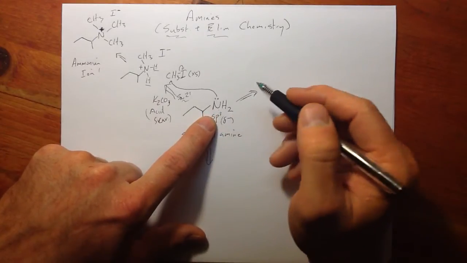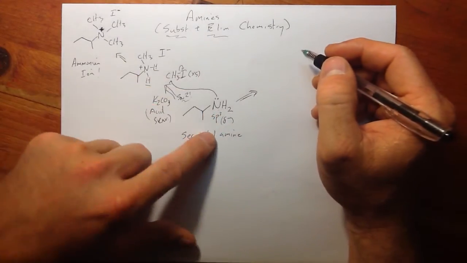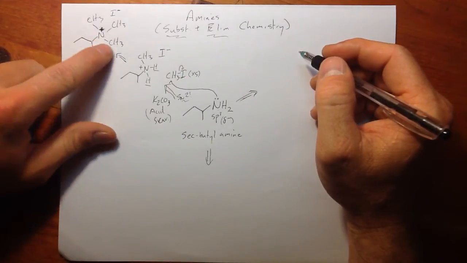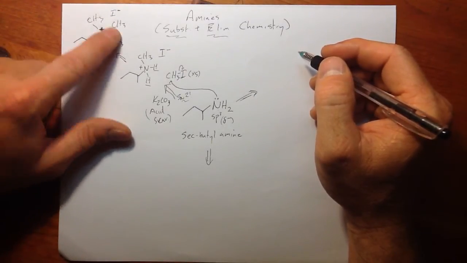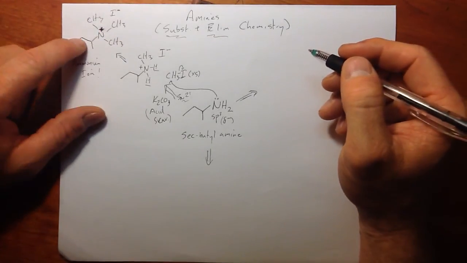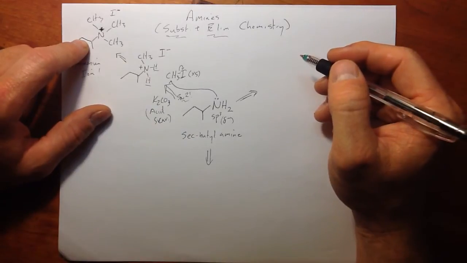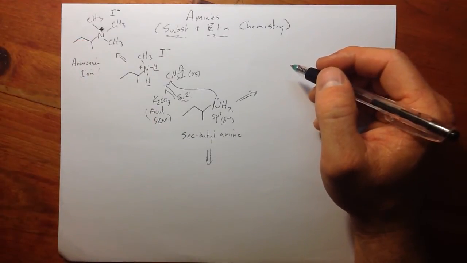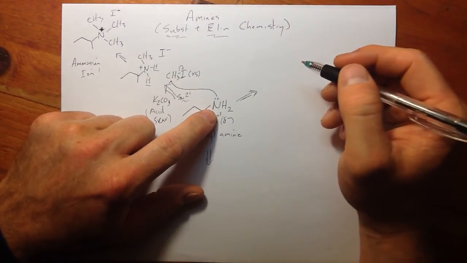What if we just wanted a synthesis of a primary amine, not a quaternary amine having 4 alkyl groups off a quaternary ammonium ion? What if we just wanted just 1 group off of this nitrogen?